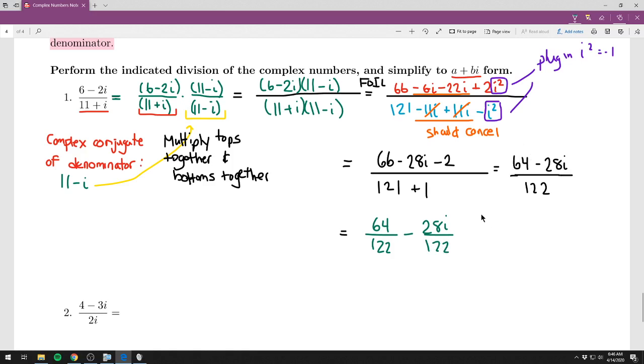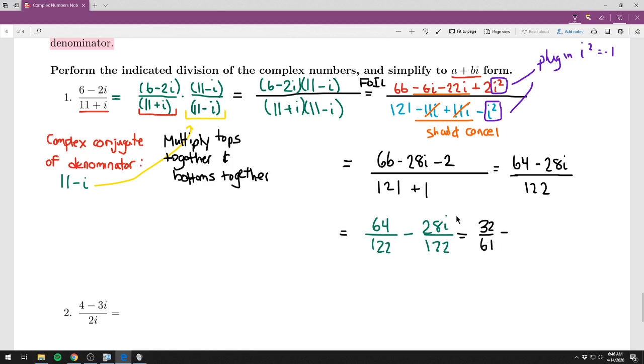And then ask yourself, can you simplify the numbers in the fraction? Can we simplify 64 over 122? And we can take a 2 out of each. Take a 2 out of 64, we get 32. Take a 2 out of 122, we get 61.